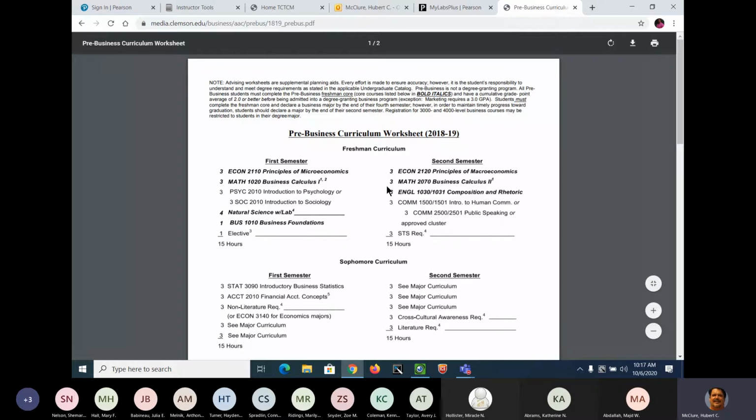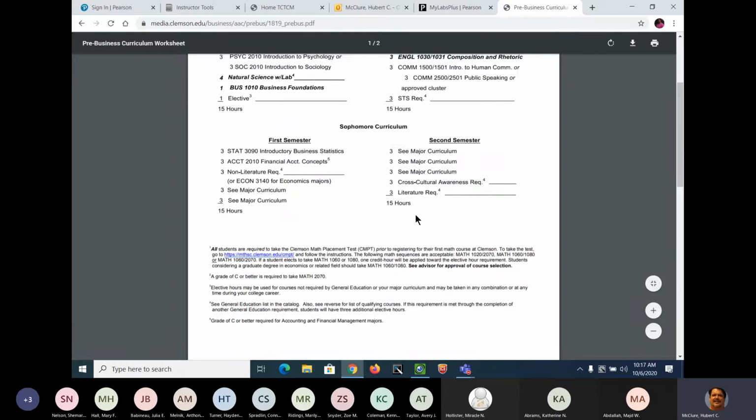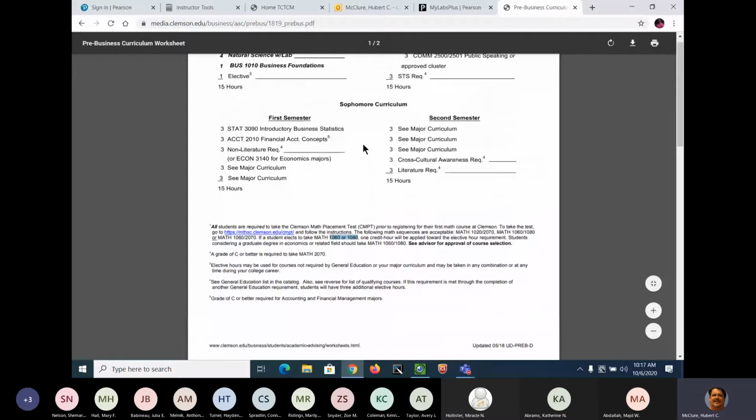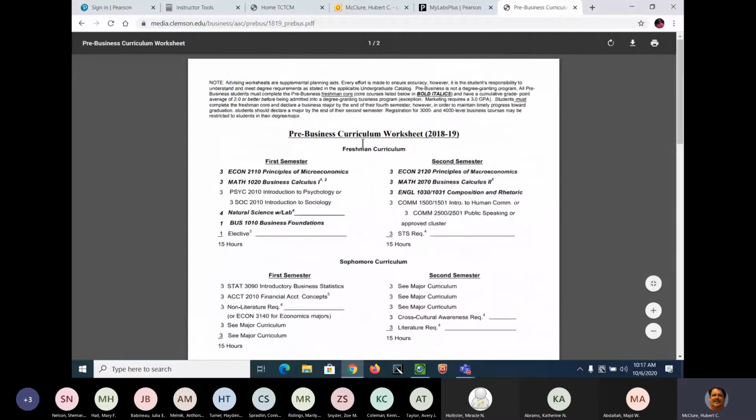Business Calc 1, Business Calc 2. And down here it says you can take Math 140. Clemson calls it 106 or 108. Tri-County is 140, 141. So what you need to do before you see your advisor is look up Clemson.